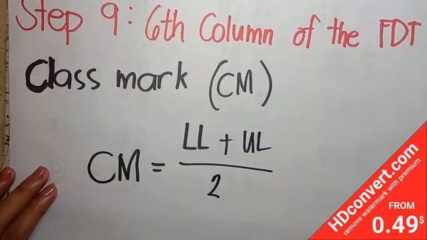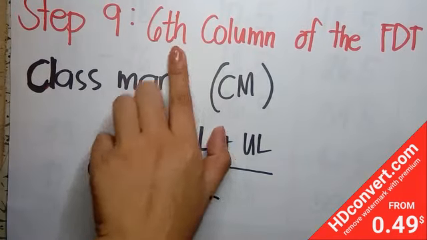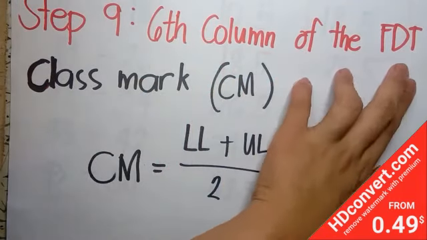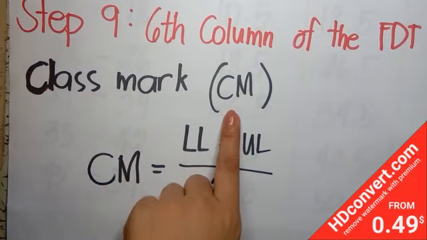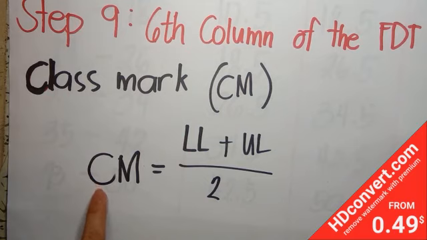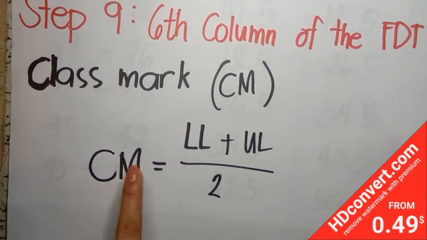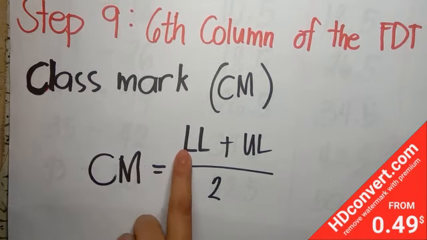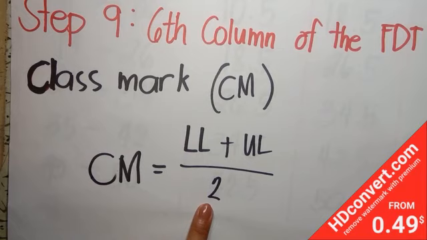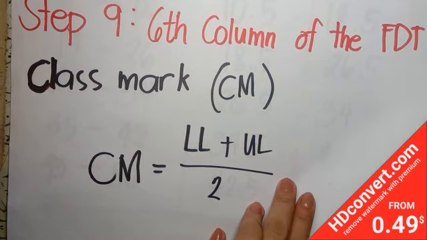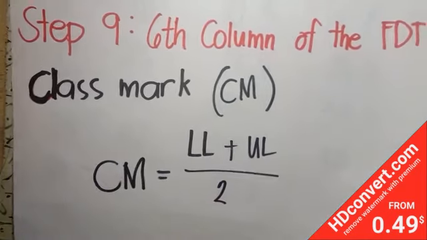Okay, so next step ay yung ilalagay natin sa 6th column ng FDT, which is the class mark or CM. Para makuha natin si class mark, meron tayong CM is equal to lower limit plus upper limit over 2. Let's go to our class interval.